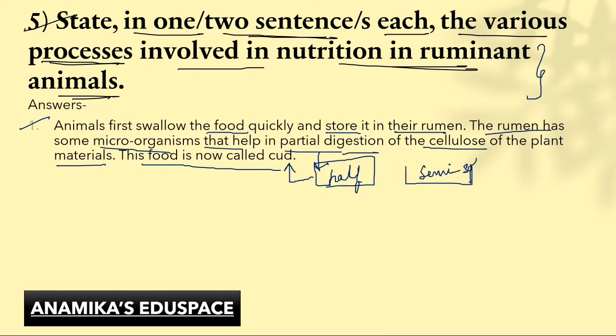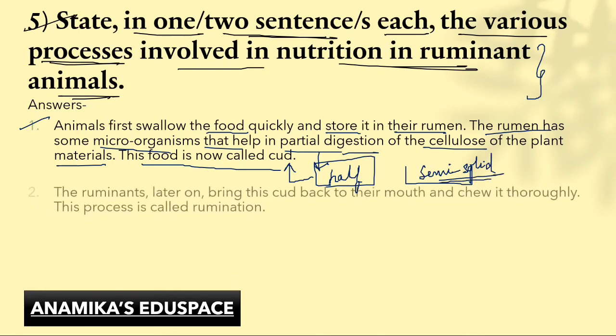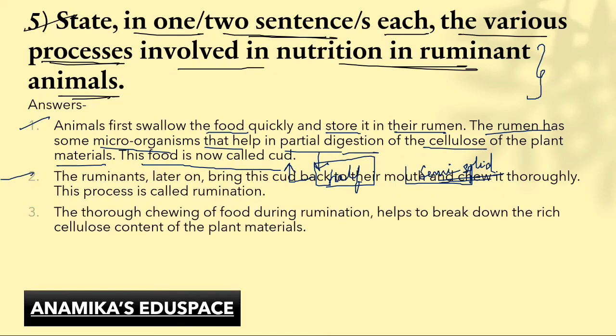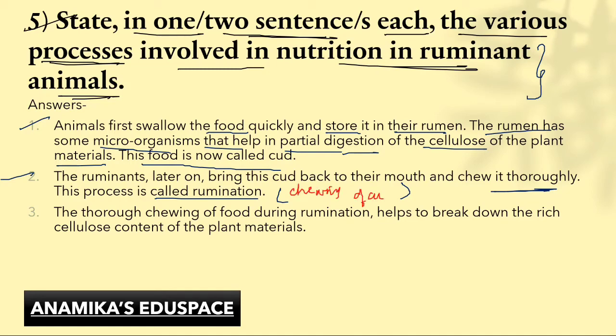Next, the ruminant later brings this cud to their mouth and then they chew it thoroughly. This process is known as rumination. When they are sitting and chewing the cud, the chewing of the cud is known as rumination.